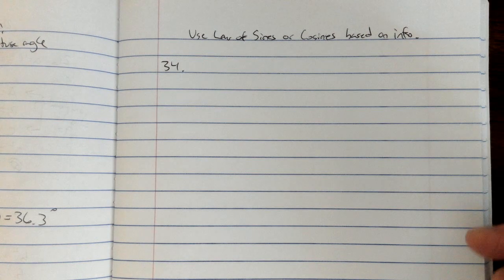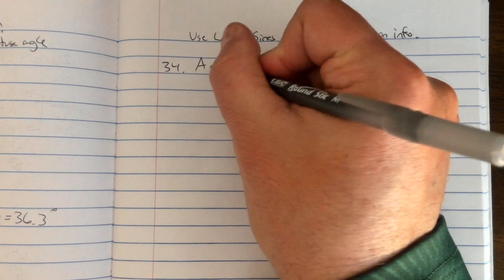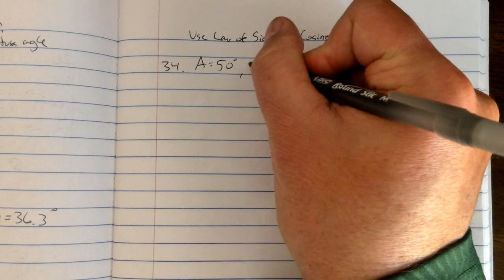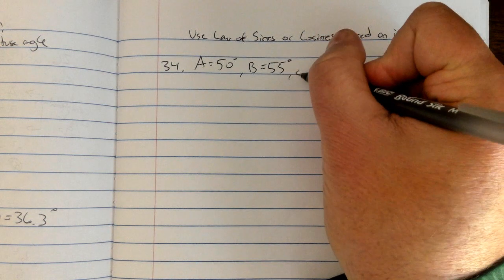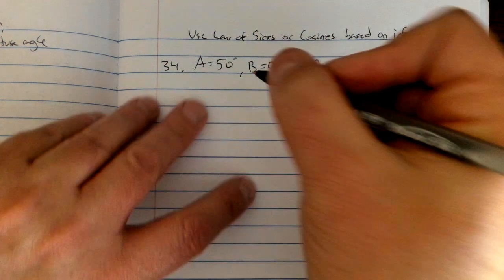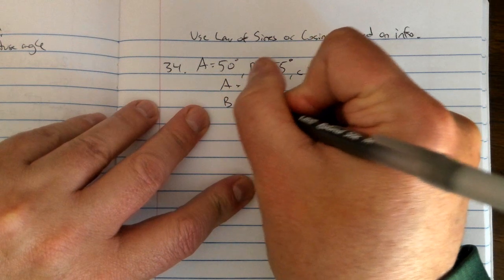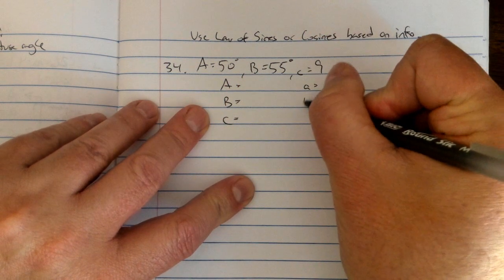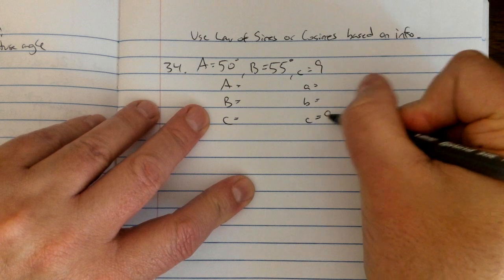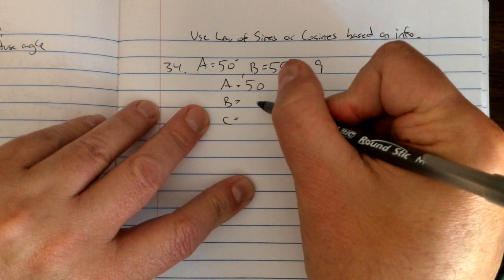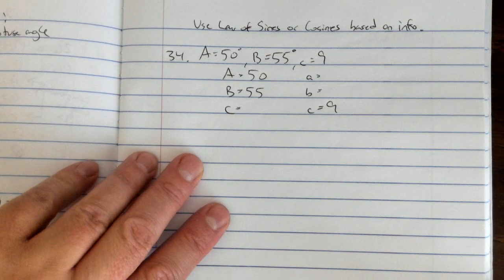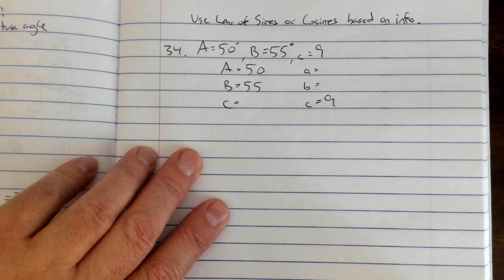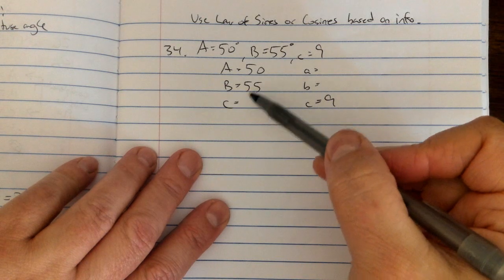Okay, so 34, you have A equal 50 degrees, B equal 55 degrees, and little c equal 9. So we have A equal, B equal, C equal. Just fill in. And let's just see what we have. Okay, so this one we have two angles given.